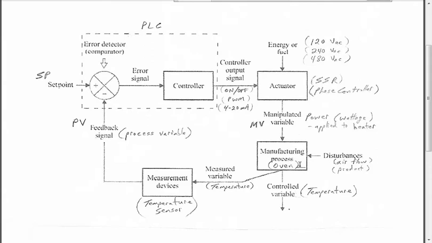And I guess we can start over here at the far left. The set point is what would be input, maybe by the operator. Let's just pick something, let's say 500 degrees. And that might come in right on the screen of a PLC.